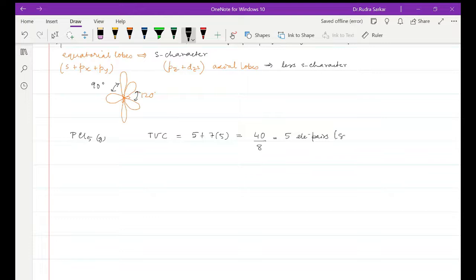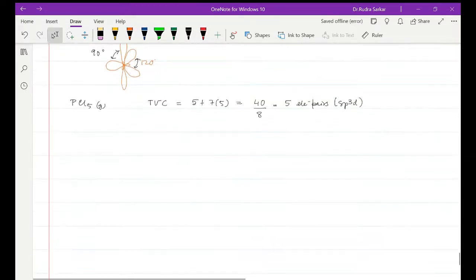So hybridization obviously is sp3d, there's no doubt about that. So it will have the structure as follows, in which we place the phosphorus in between, and we have these bonds having more s character, and there will be this axial bond. So the chlorine will occupy these positions, and there is no confusion over here.